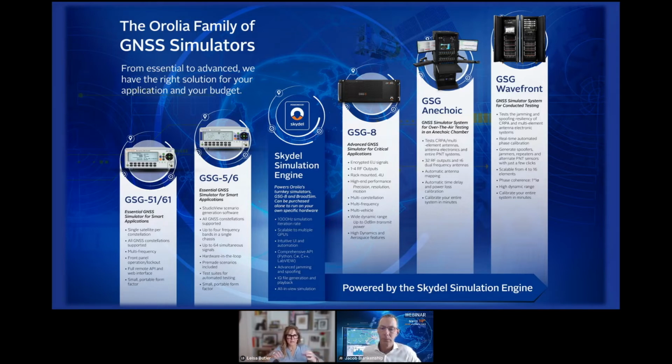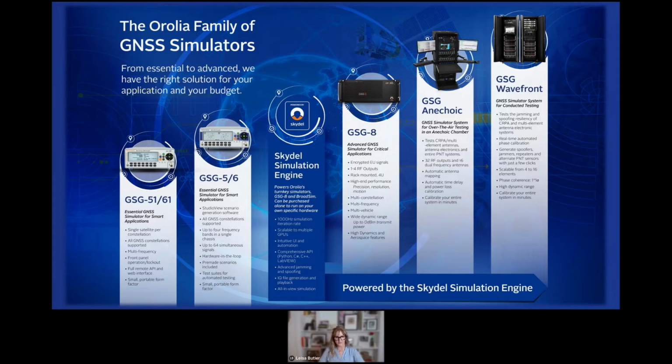Everything's self-contained. It has a front panel, as you see. The ones with the 1 in the title, GSG 51 and 61, are just go, no go. You send one signal, one satellite, you verify if your device under test received the signal, and then you move on. It's typically in production test.